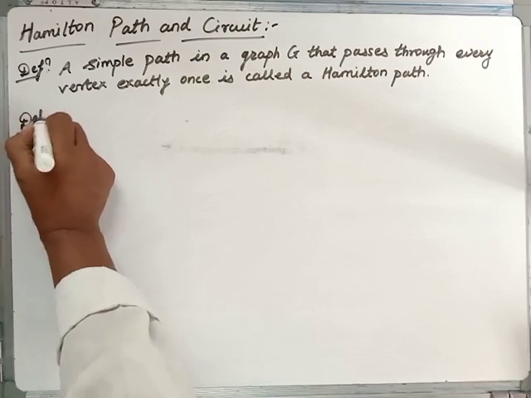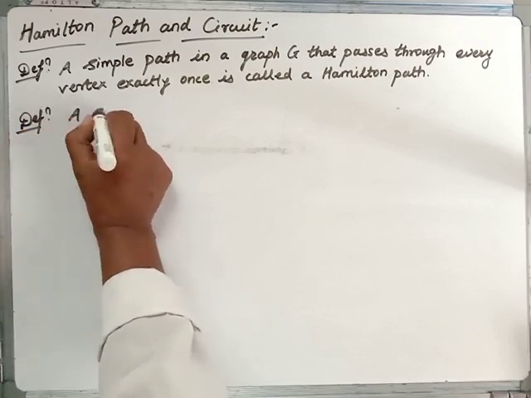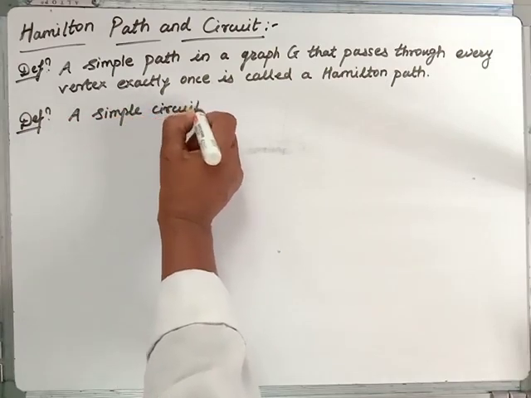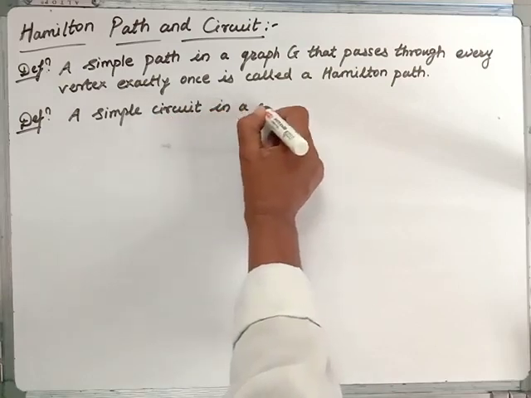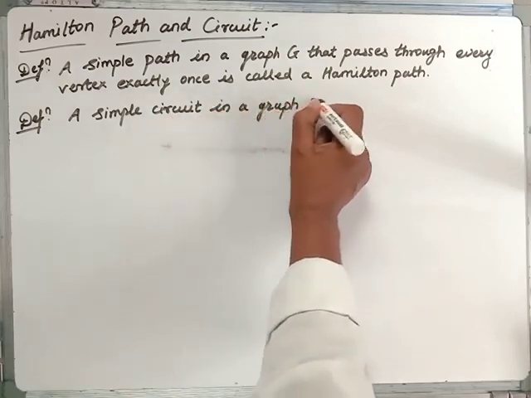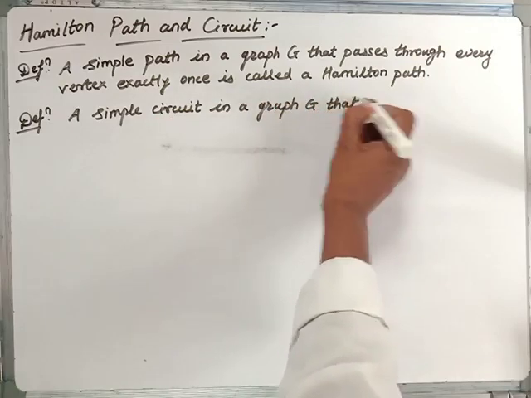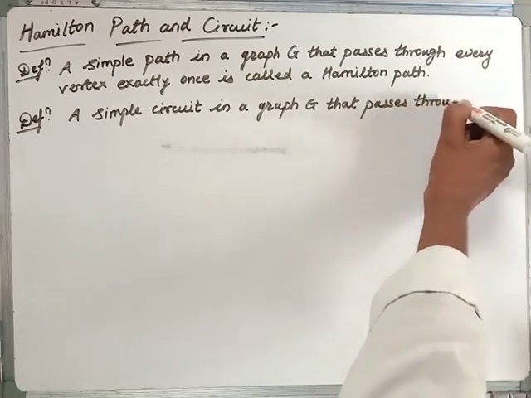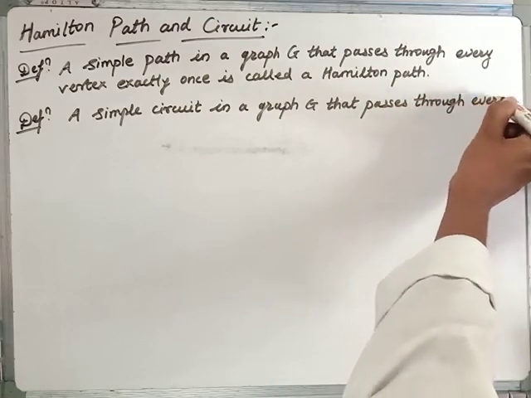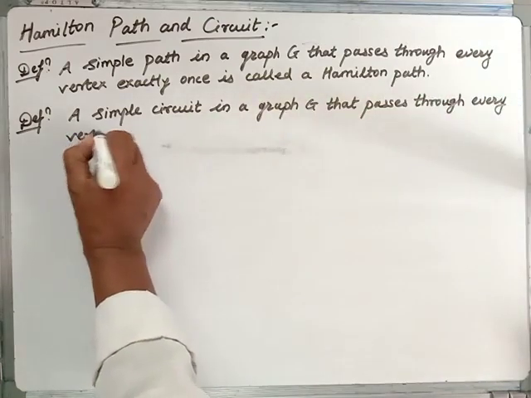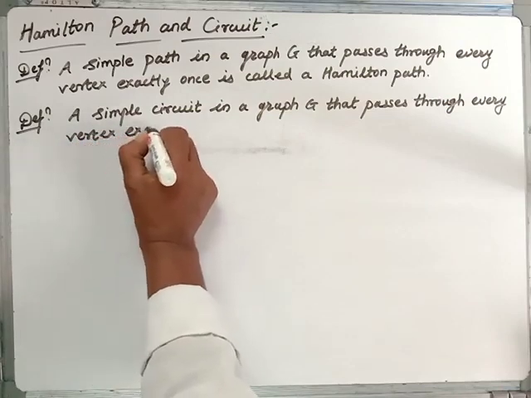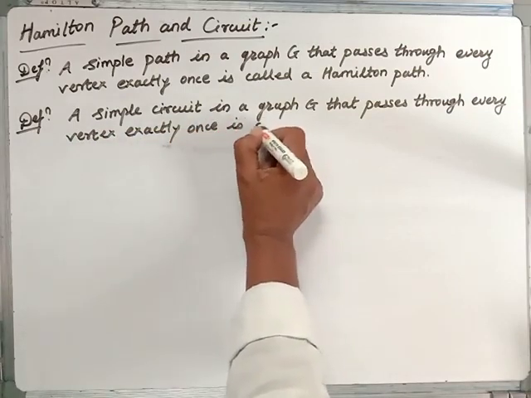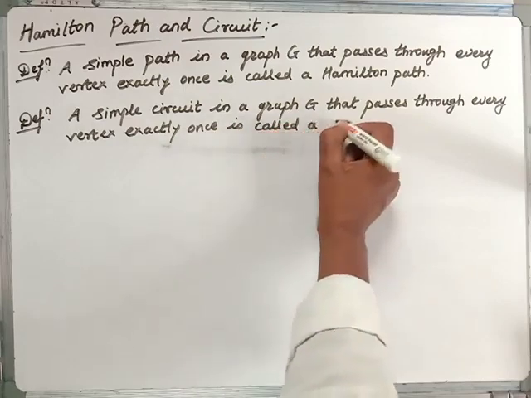Then a simple circuit in a graph G that passes through every vertex exactly once is called a Hamilton circuit.